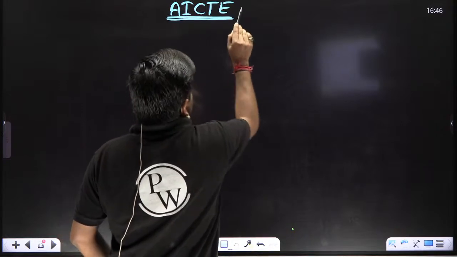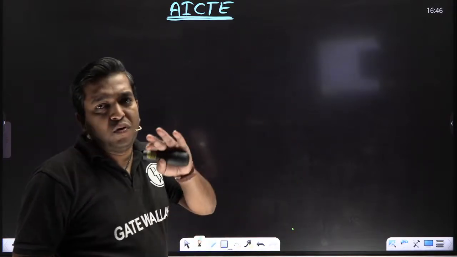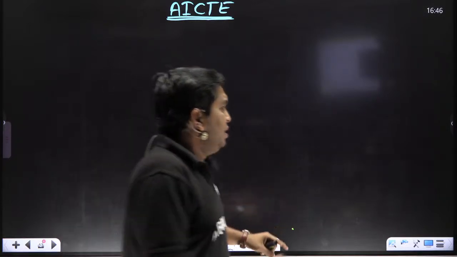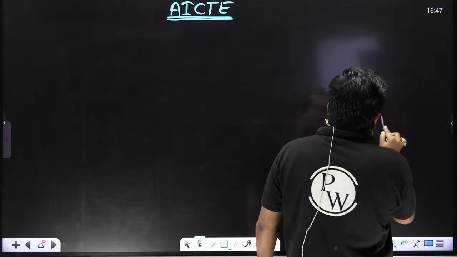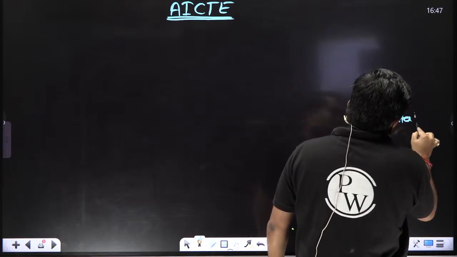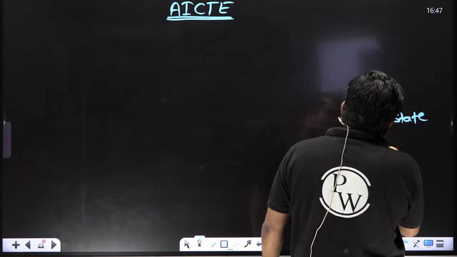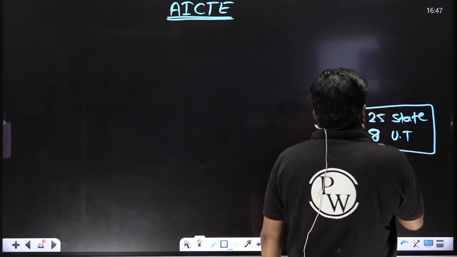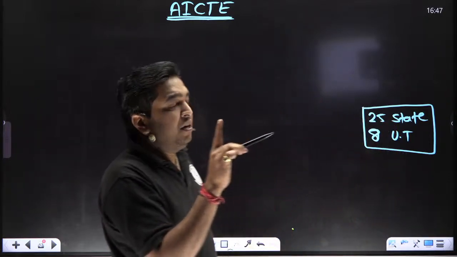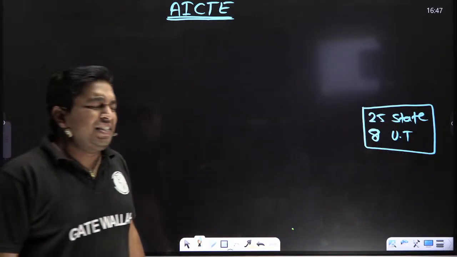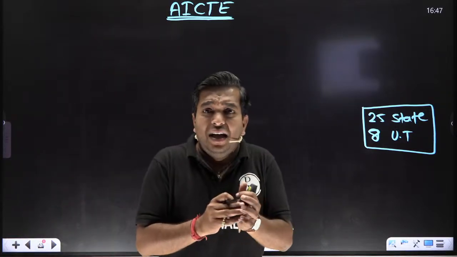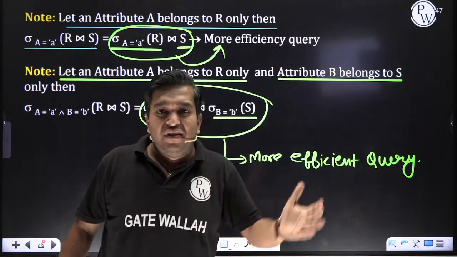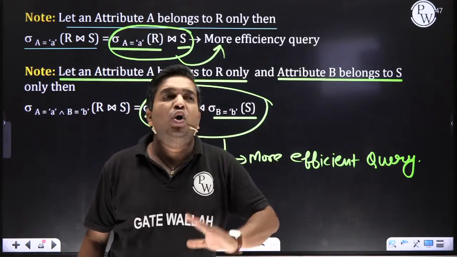Assume AICTE maintains the database of each and every engineering student, covering 25 states and 8 union territories. Listen carefully. This example will make each and everything as crystal clear as water. Don't fear, bacha.